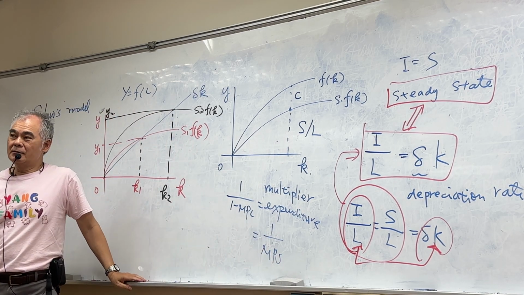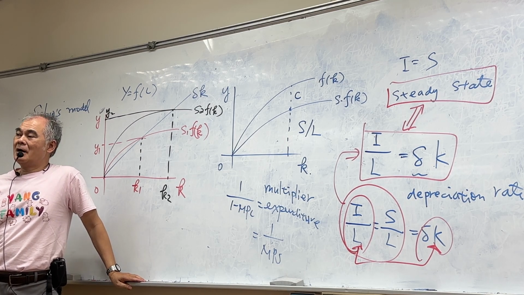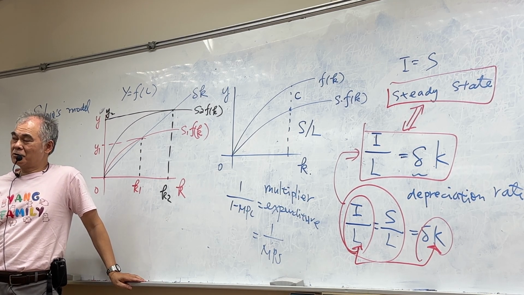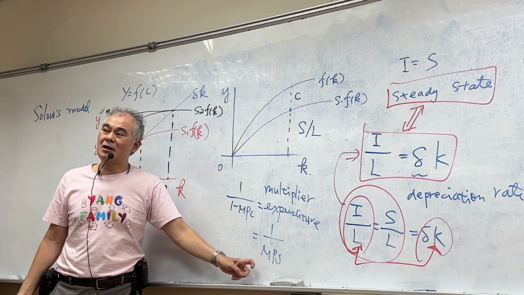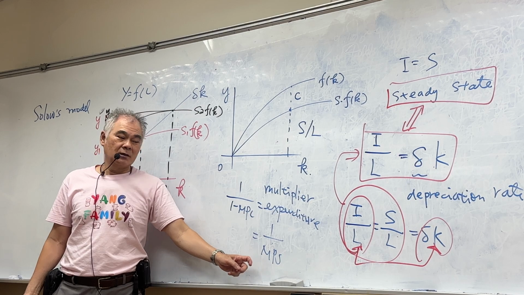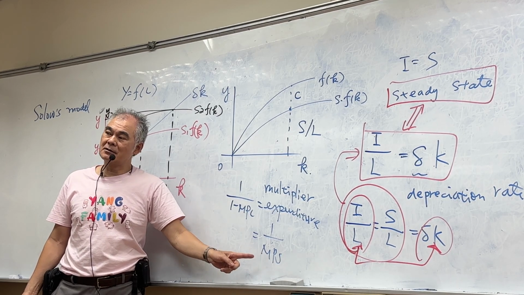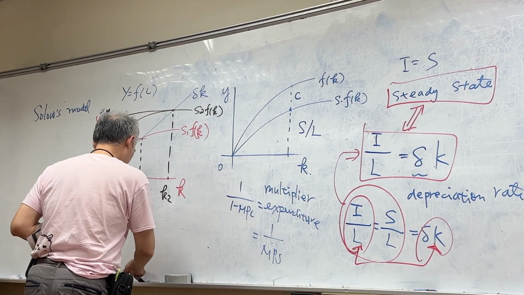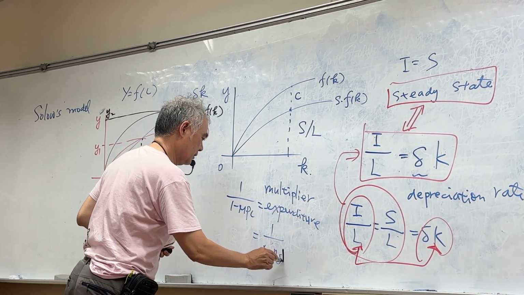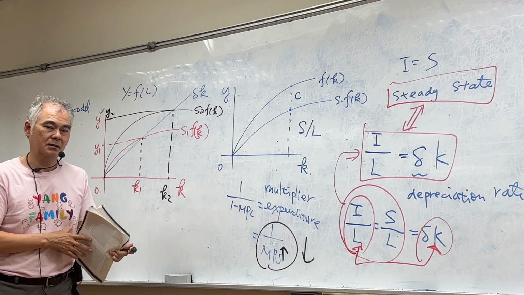So if you look at Keynes, if you really want to have higher growth, higher production, what would you need? You need to consume. If you save a lot, if MPS goes up, the whole thing is actually going down.